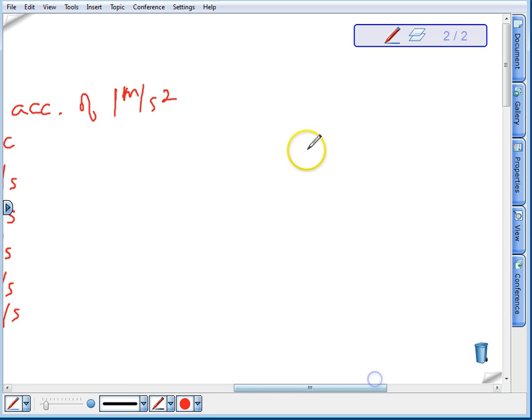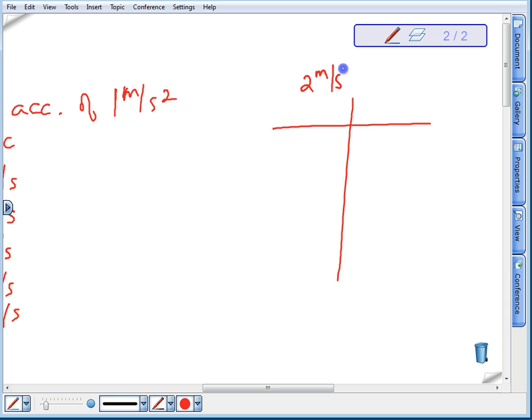Okay? Likewise, we can do the same thing if we have an acceleration of 2 meters per second squared. Then at time 0, let's say we start out going 5 meters per second. Then in time 1, we're going to go 2 meters per second faster than that, 7 meters per second.